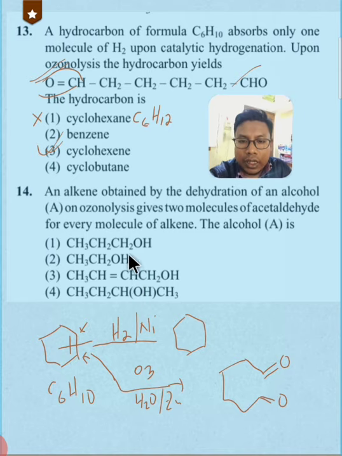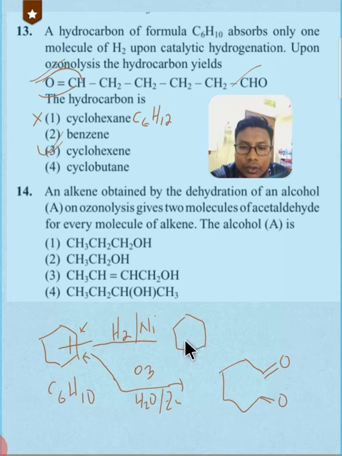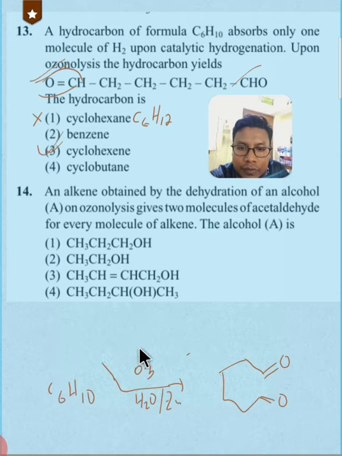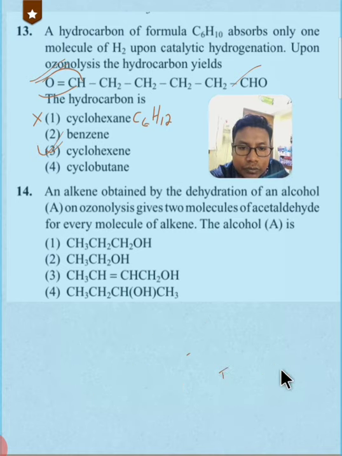Okay, now we need to choose the alcohol, and by doing dehydration, that alcohol will produce an alkene, and that alkene on ozonolysis will produce 2 moles of acetaldehyde, right? So let me rub this one out for solving the question.